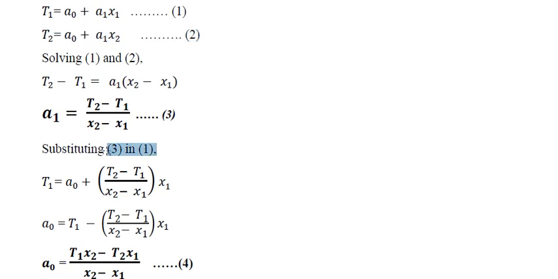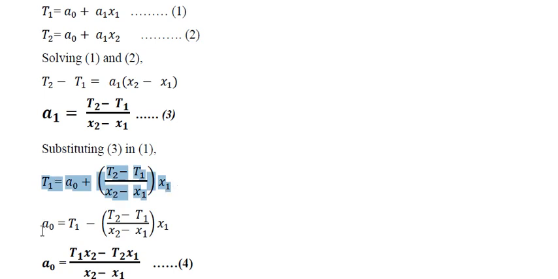Substituting 3 in 1, we get T1 as a0 plus a1 x1, where in place of a1 I have substituted T2 minus T1 by x2 minus x1. What is x2 minus x1? That is the length of the element. We will substitute that later.